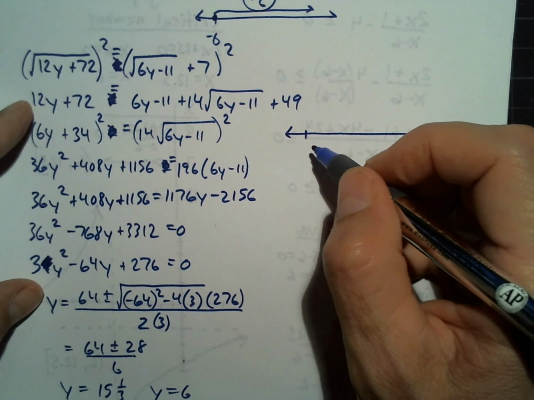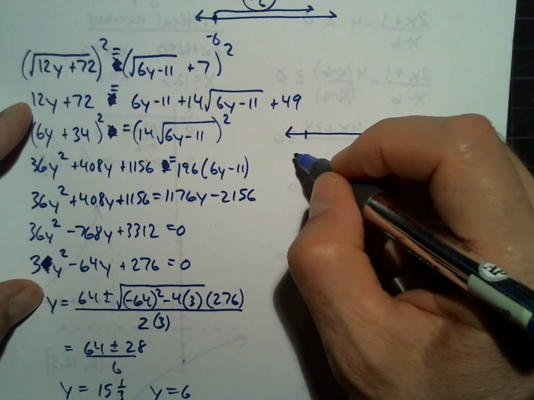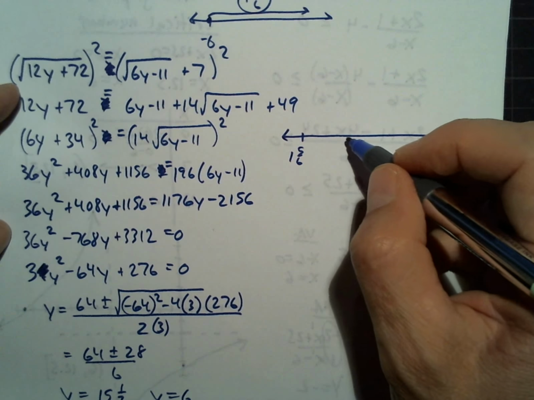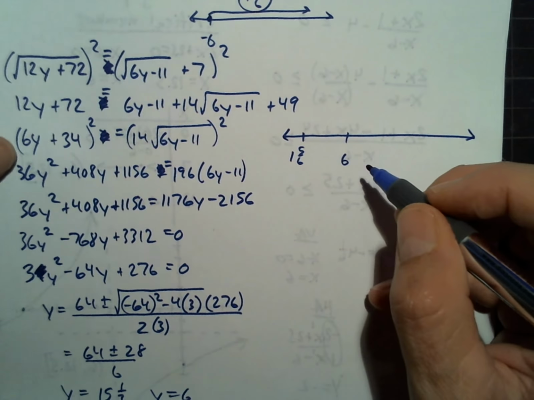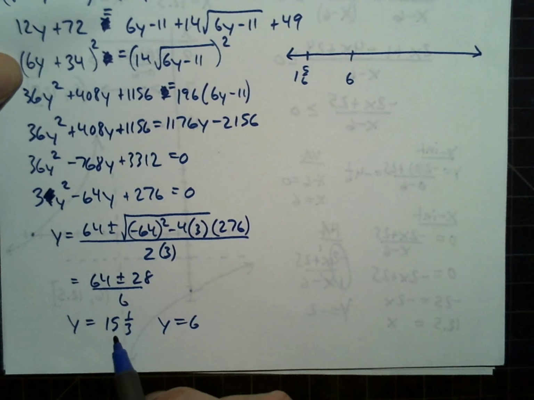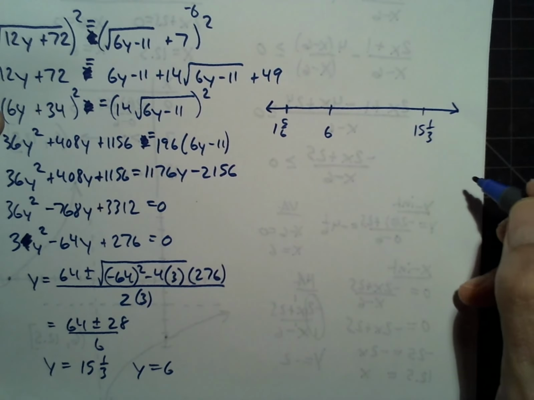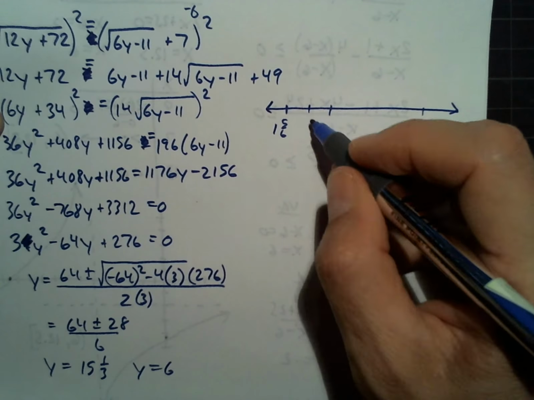We know that we can't go below 1 5/6, and we have 6 and then 15 and 1/3 critical numbers. So we want to check a number between these.